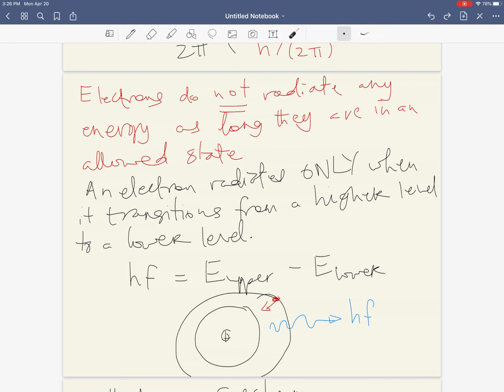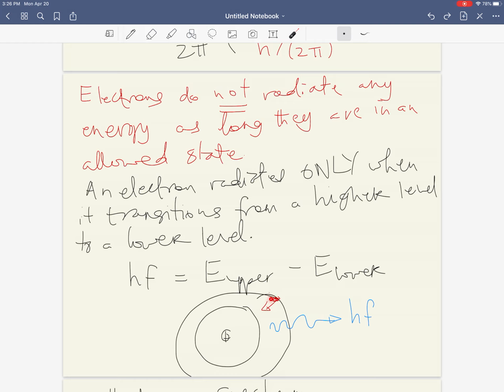Now, the Bohr model says the electron does not radiate any energy as long as it's in an allowed state. The only time an electron radiates energy is when it makes a transition from a higher energy level to a lower energy level. And then the energy of the photon, given by hf, Planck's constant times the frequency, is equal to the energy difference between the upper level and the lower level.